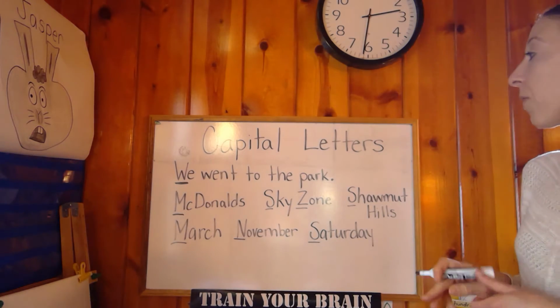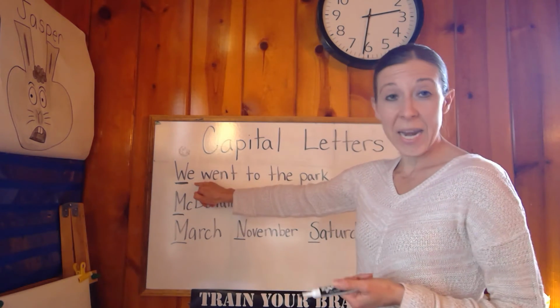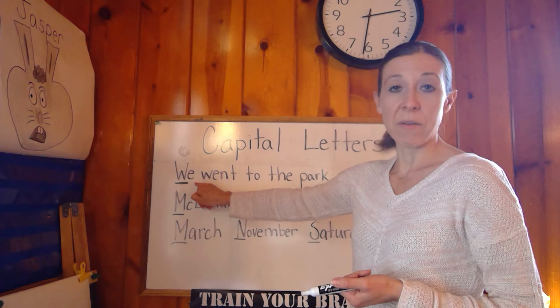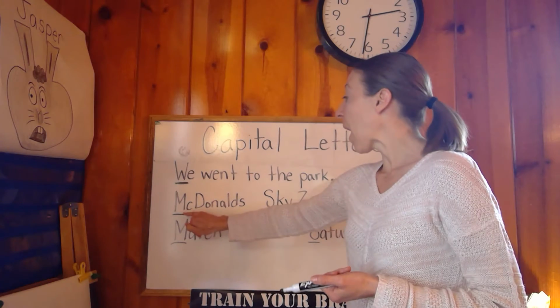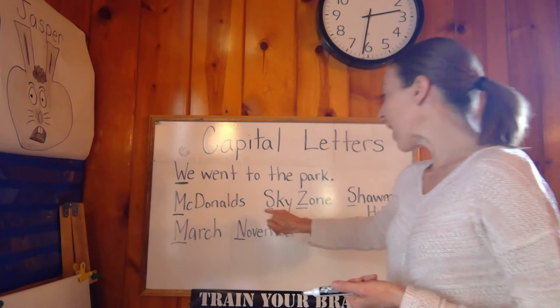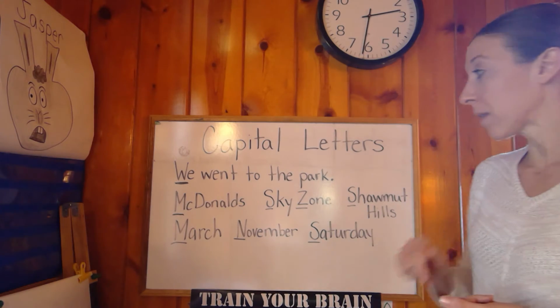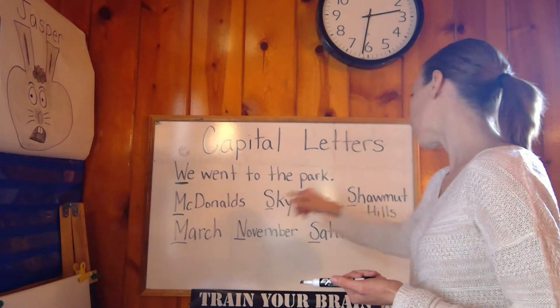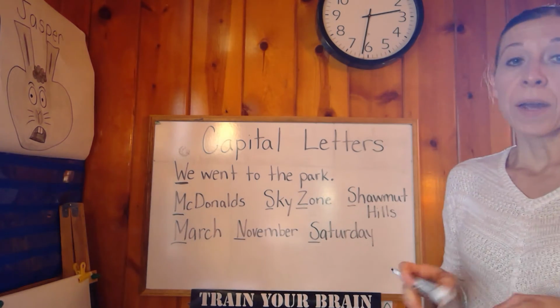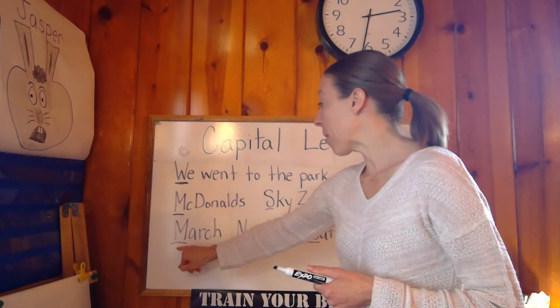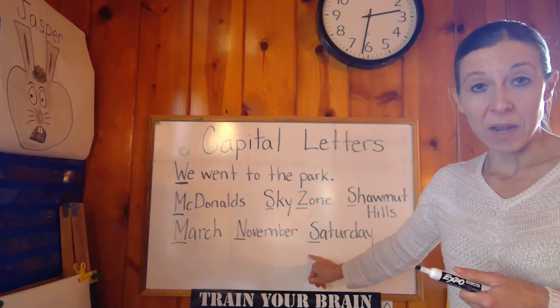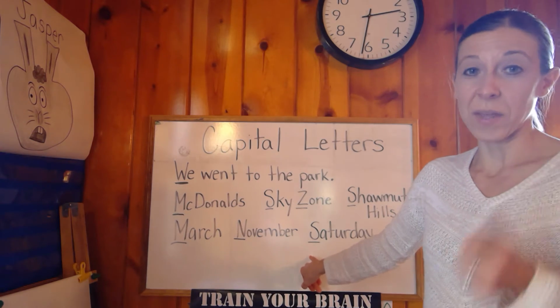Okay, so far we talked about at the beginning of a sentence, always have to have a capital letter. On a word that is the name of a specific place, like McDonald's or Sky Zone or Shawmut Hills. Okay, or if it's the name of a month or a day of the week, always starts with a capital letter.